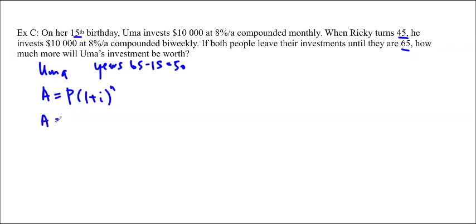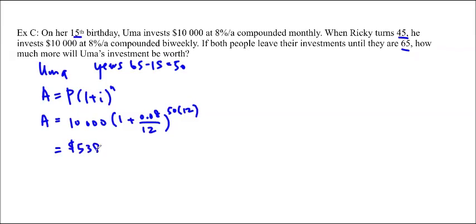So A is equal to 10,000 times 1 plus 0.08 divided by 12 to the 50 times 12. You type that into your calculator and you should get 538,781.83. That's what I get on my calculator.